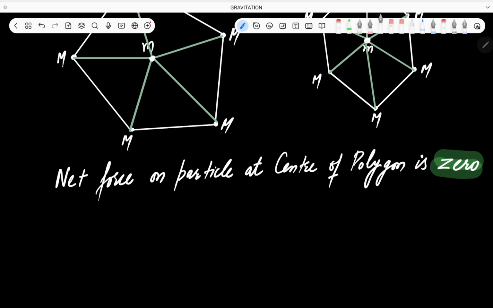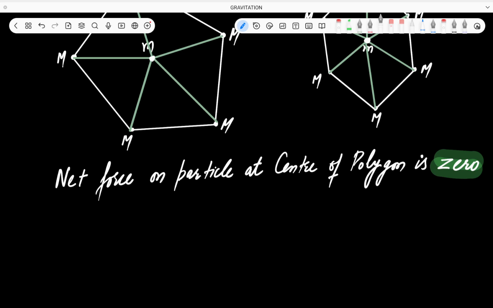Okay, so you will remember, whenever there are n identical particles placed at n corners of a regular polygon, that regular polygon can be an equilateral triangle, a square, a regular pentagon, or a regular hexagon. When I say regular, it implies a polygon whose each side is the same and whose each angle is obviously also the same.